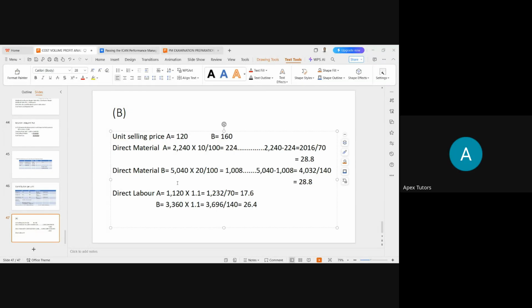Yes. The price for product B has changed. So it will be affected. So now, what will happen here?